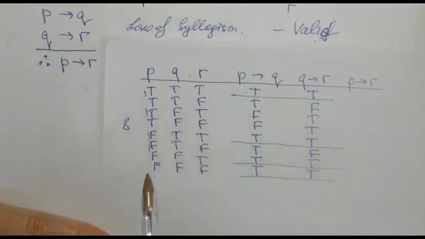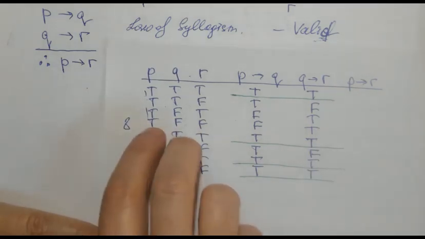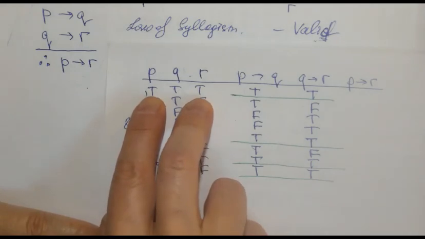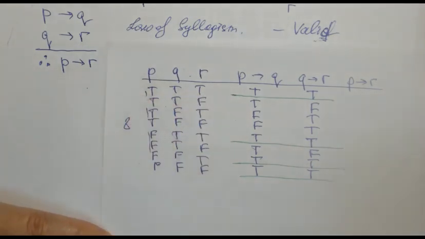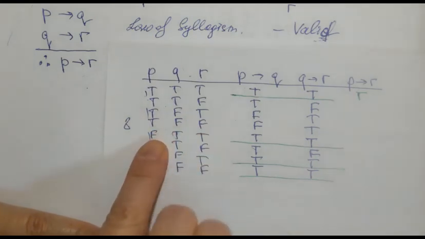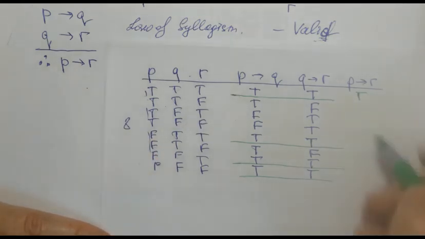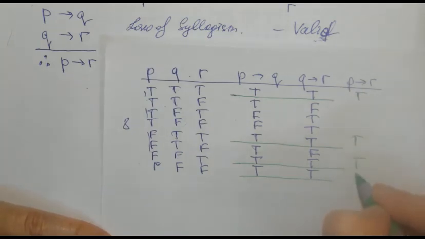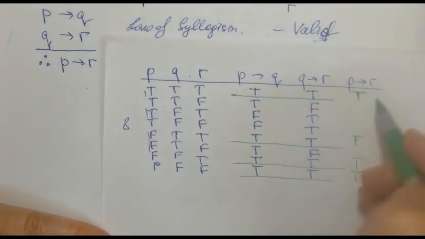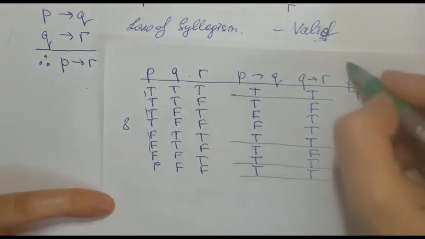For these lines, we need to find if P then R. So true, true, T. Then in all these 3 lines, hypothesis is false, so conditional will be true. So in all the lines where both premises are true, the conclusion is true. It means that the argument is valid.